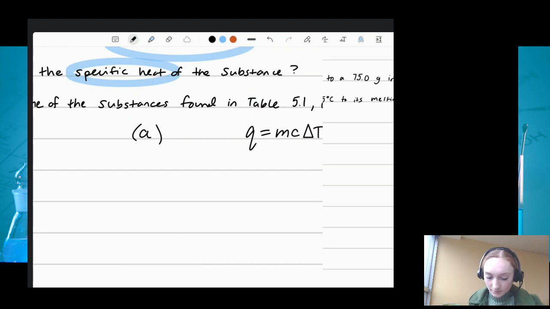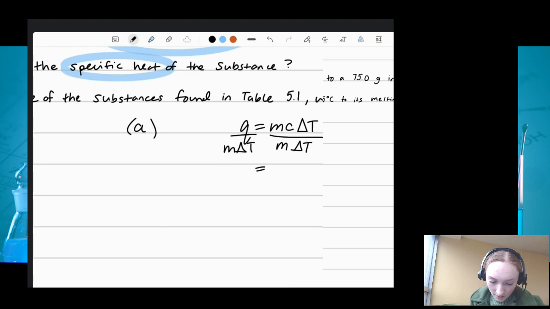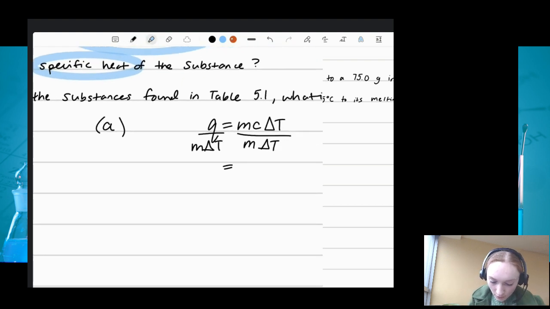I'm going to keep it on the right side for now because it's attached to these 2 variables. It'll just be easier that way. So I'm going to divide both sides by M and delta T. And so the M will cancel out, the delta T will cancel out, and we'll be left with C here.